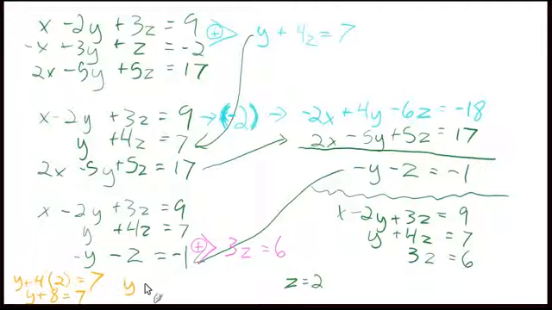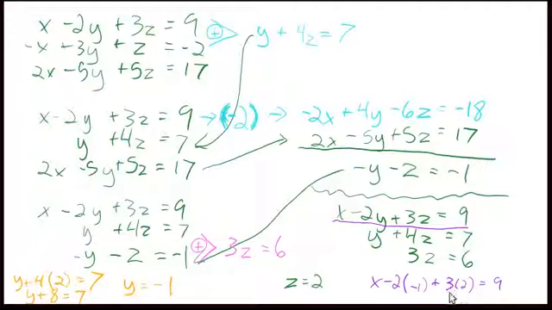So y is going to be negative 1. And we're going to put negative 1 and 2 in there for z. I'm going to do that here, right? It's this equation. X minus 2 times negative 1 plus 3 times 2 equals 9. We've got a positive 2, plus 6 equals 9. That's 7 plus x equals 9, so x must be 2.